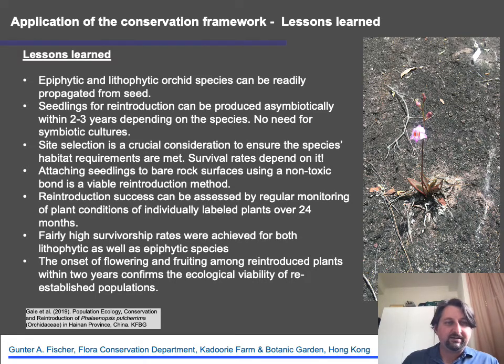And the onsets of flowering and fruiting among the reintroduced plants within 2 years confirms that ecologically viable populations can be re-established, and that it makes sense to do comprehensive reintroduction programs to avoid that species which are suffering from habitat destruction or collection for trade go extinct.